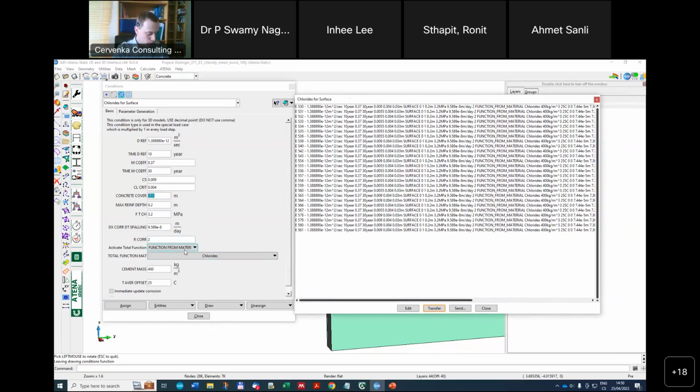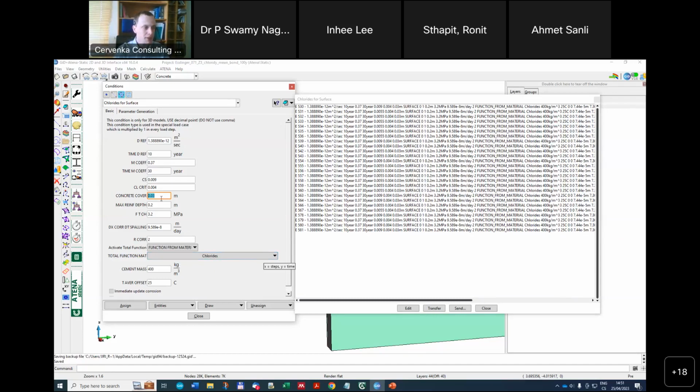Another thing which I would like to emphasize is here under this activate total function, which is called chlorides. This function gives the relationship between the calculation step and the time in the analysis.